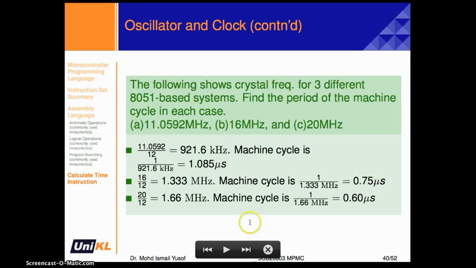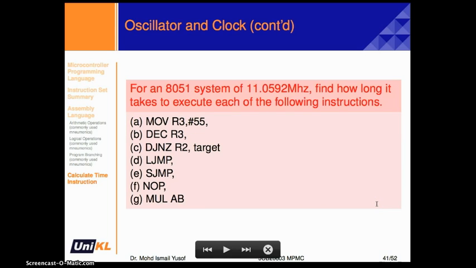And for the third one, the oscillator is 20 megahertz. 20 divided by 12, we get 1.66 megahertz. So one machine cycle can execute in 0.6 microsecond. It's pretty fast, isn't it?